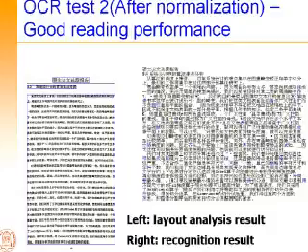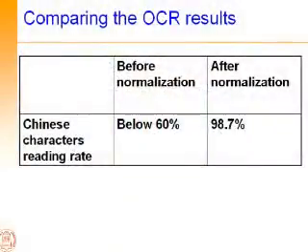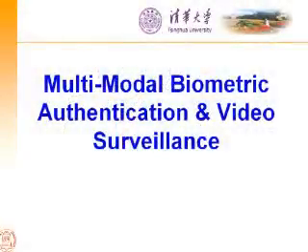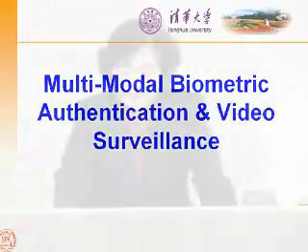After we correct it, we can get a much higher recognition rate like this. For Chinese characters, before normalization the recognition rate was below 60, but after normalization 91, so the recognition rate is much improved.